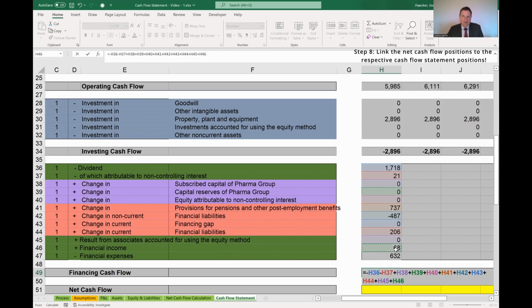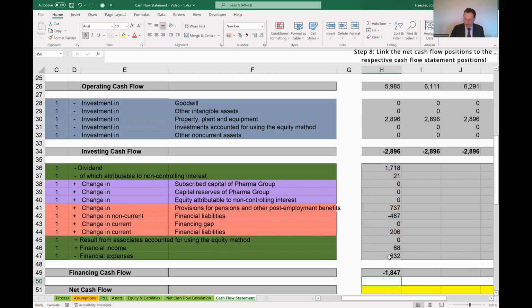So the financial income is an income. I get it from my cash position, which I bring to the bank. And I subtract the financial expenses, my short-term, long-term credits from the bank. I press return. And this is the result.